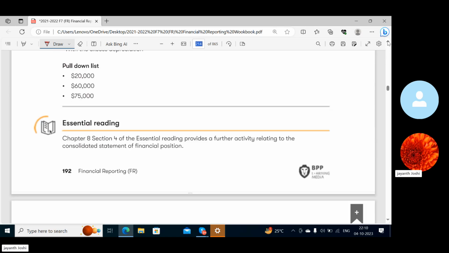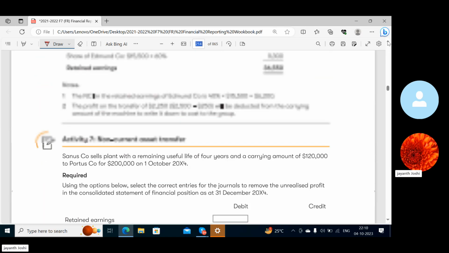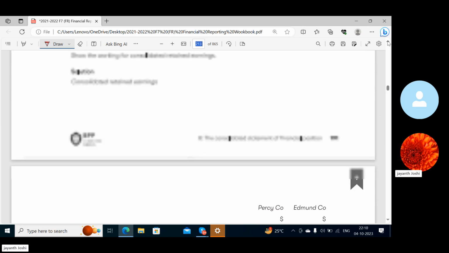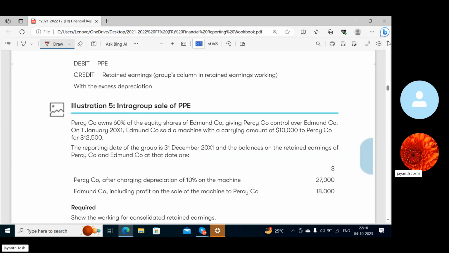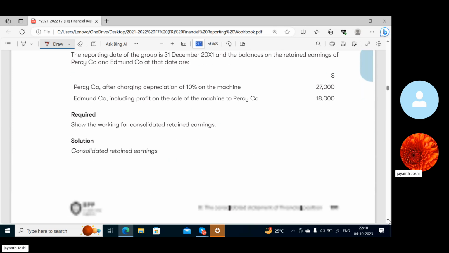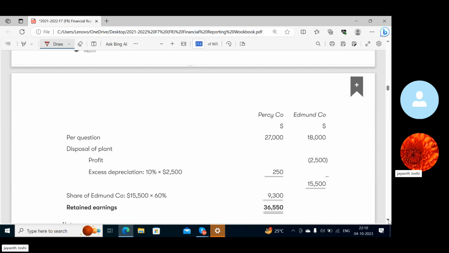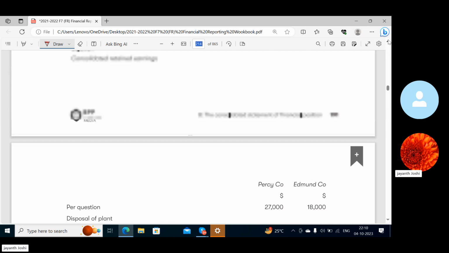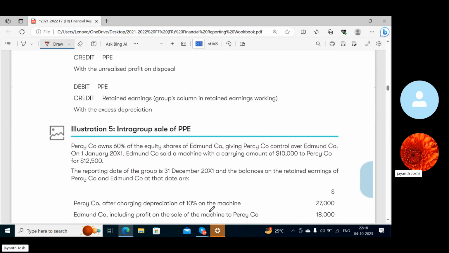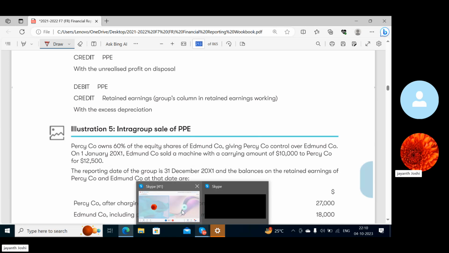So we'll do this question. I think we did this illustration. Let me check whether I've done this or not in the previous class.